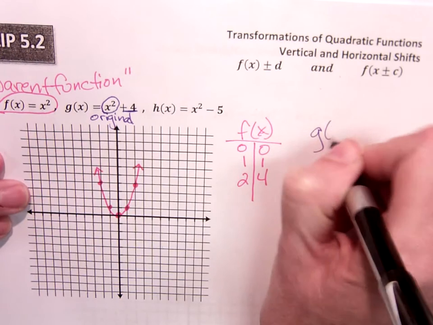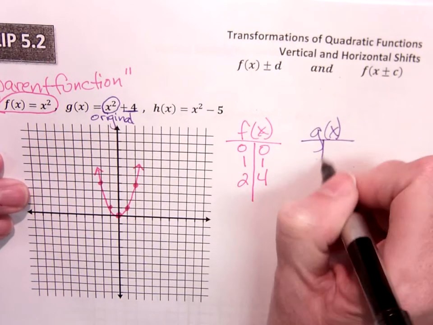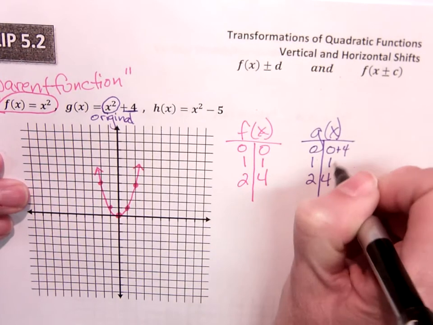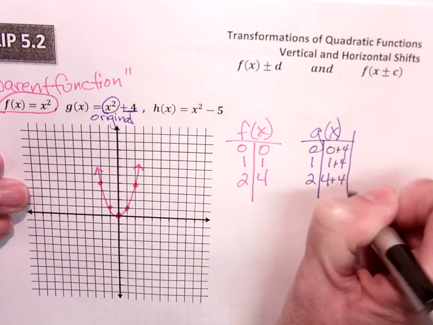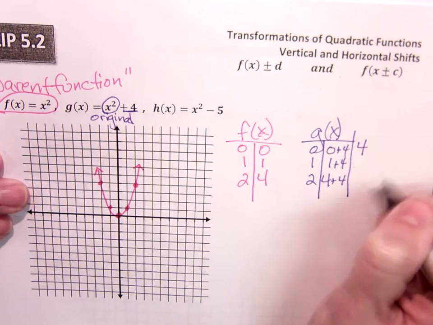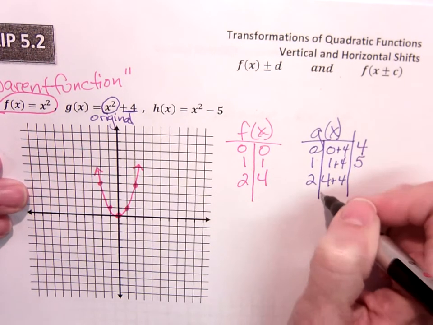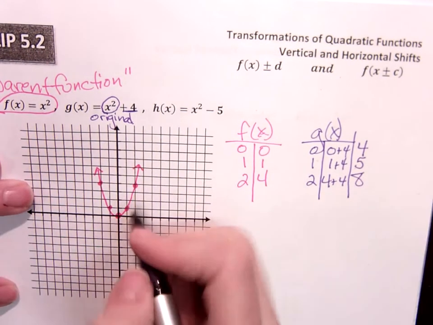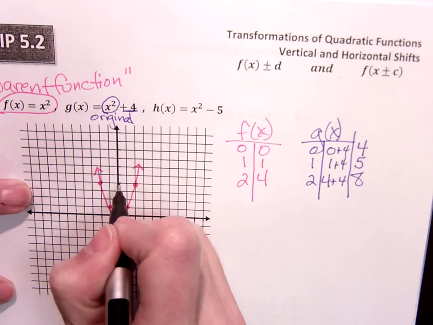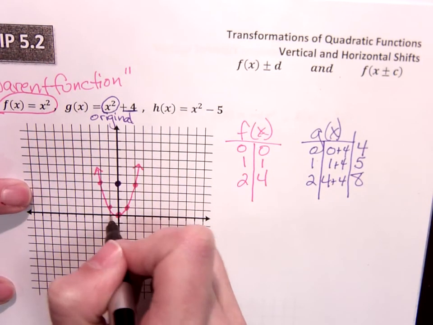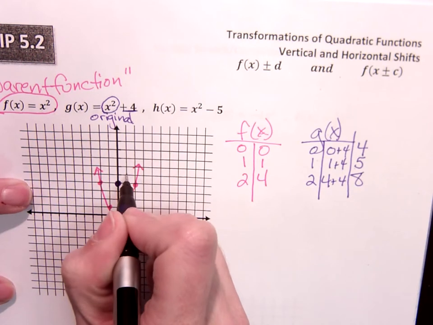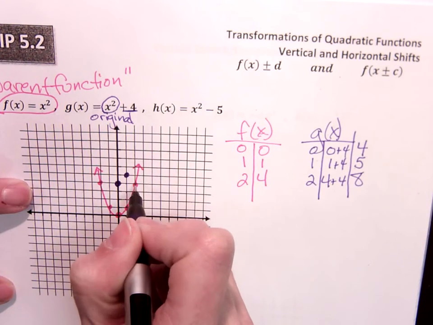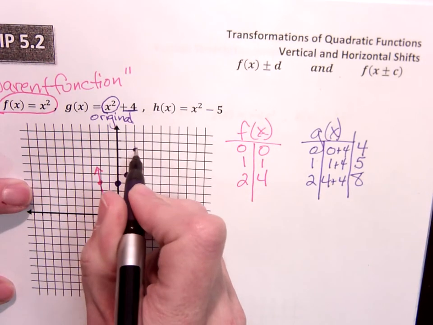So our g of x table, if we start with our original values and add 4 to everything, then I've got 0, 4, 1, 5, 2, 8. So I'm going to plot 0, 4, then 1, 5, and 2, 8.